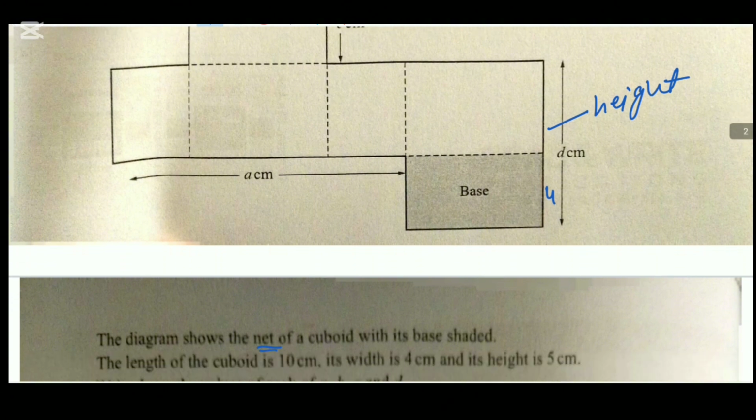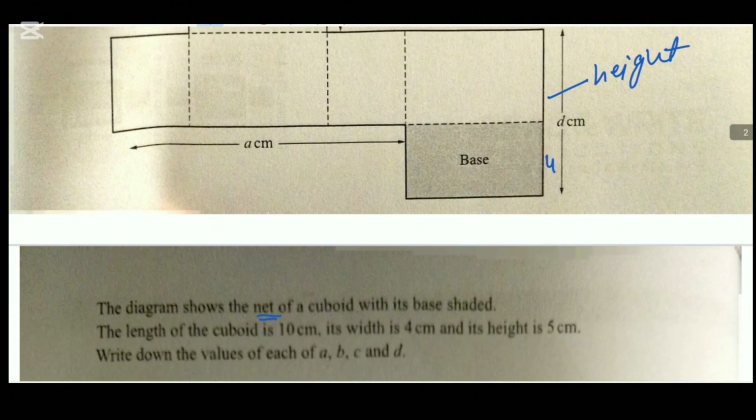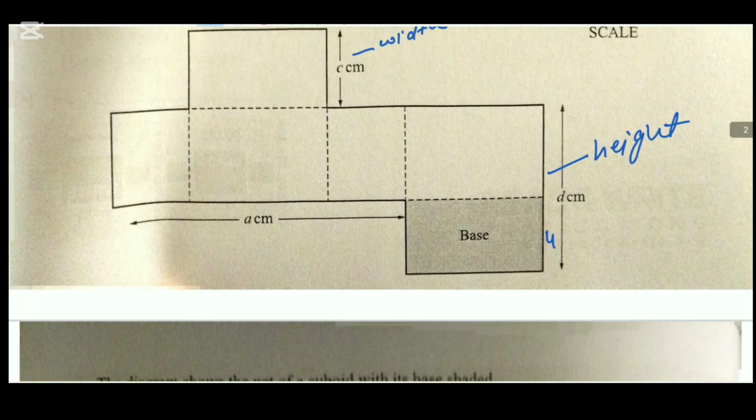Now what you have to do, height. What is height? So this will be the height of the box. Because this will be on one side of the box, it means that this will be the height.